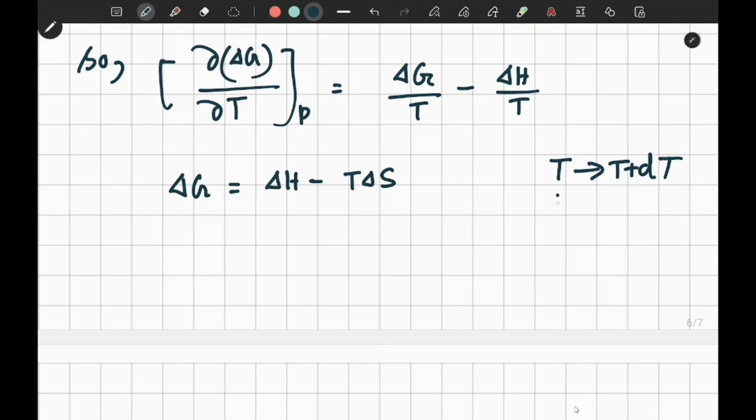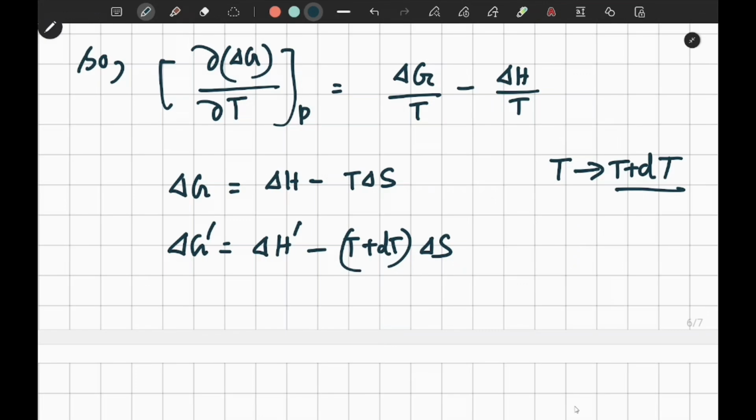But at this temperature T, this is true for that particular temperature. For another temperature, T plus dT, this is also true. There is no problem. For a particular temperature, this is correct, so we are considering the values for that temperature.